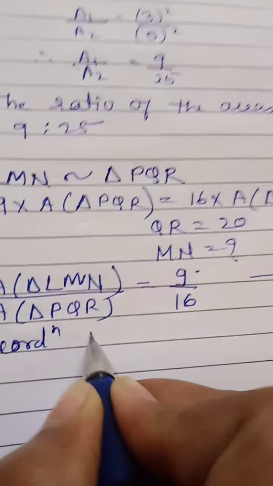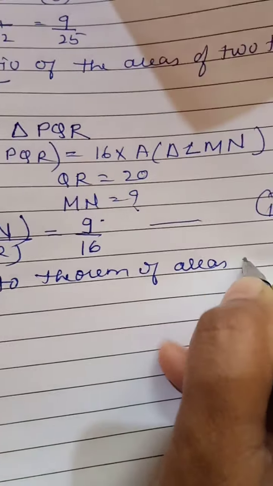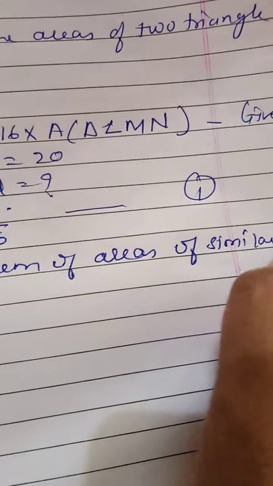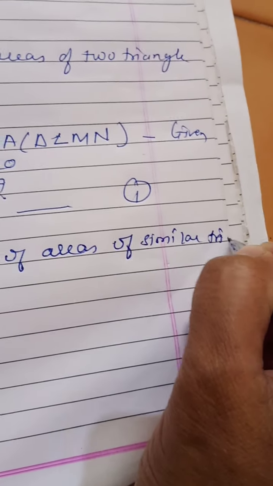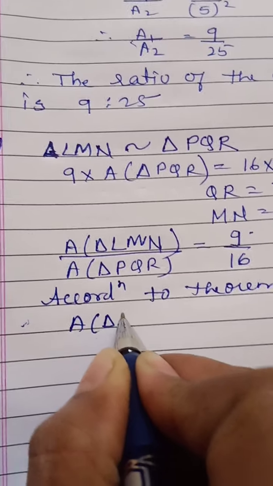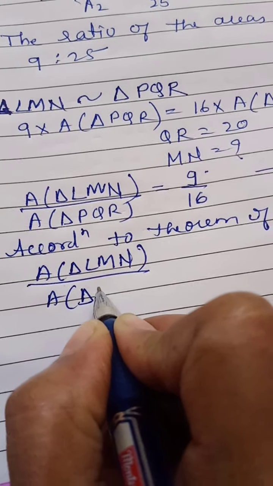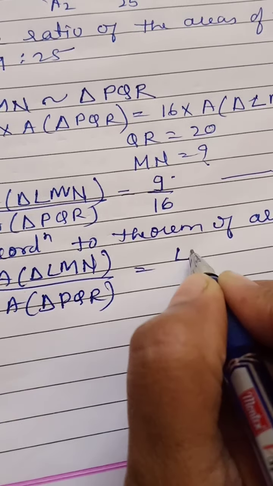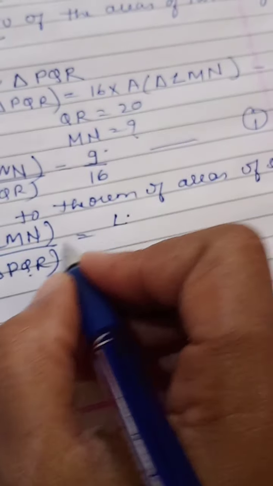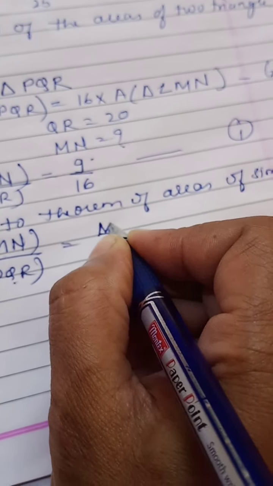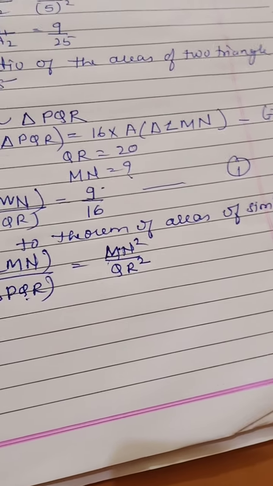According to the theorem of areas of similar triangles, area of triangle LMN upon area of triangle PQR is equal to, here QR is given and we have to find MN, so MN square upon QR square.